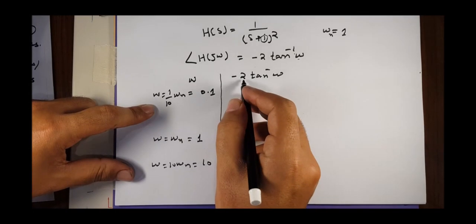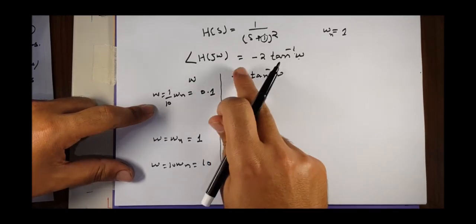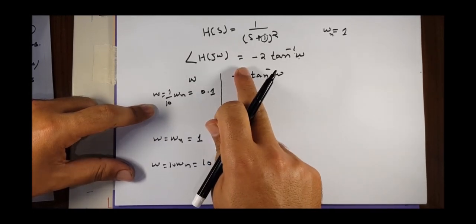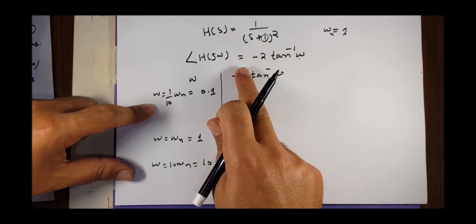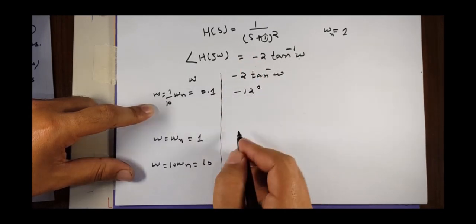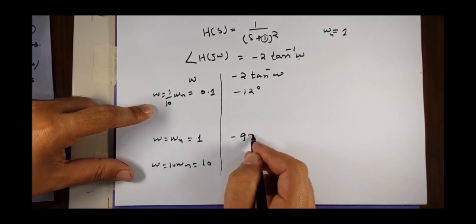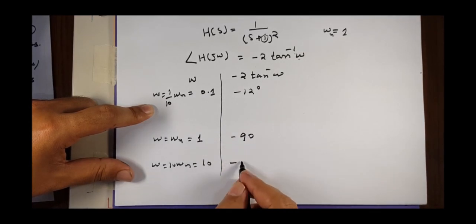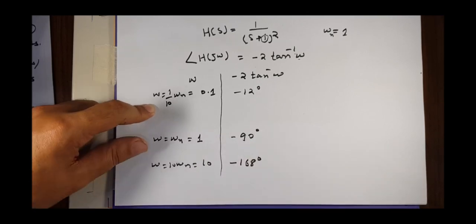Here the angle minus tan inverse of 0.1 is minus 6 degrees, then multiplied by 2 this is minus 12 degrees, this will be minus 90 degrees, and this will be minus 168 degrees, right?